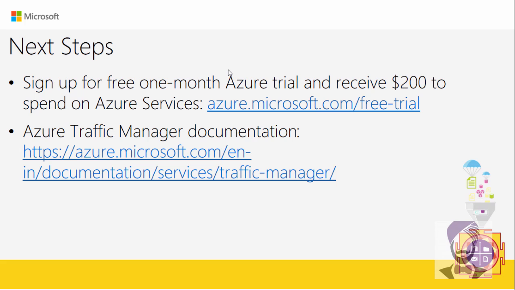And for the Azure Traffic Manager documentation, please follow this documentation link, where you'll find everything about Azure Traffic Manager, what exactly it does, the different ways of setting things up, and the different routing methods, which I'll not be able to show in this particular session, because we have less time.